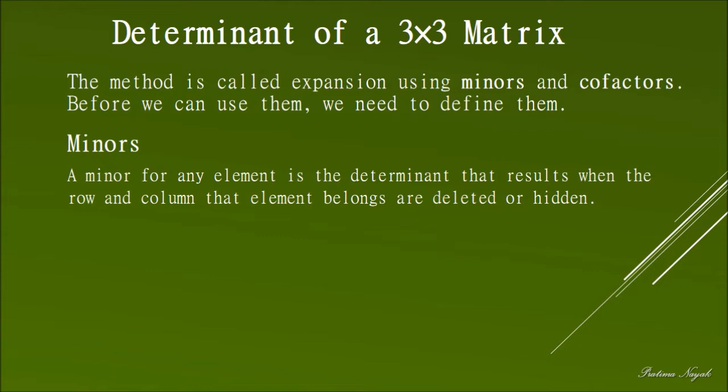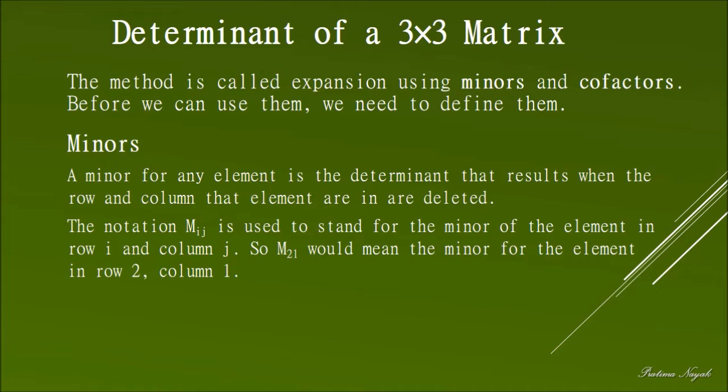A minor for any element is the determinant that results when the row and column that element belongs to are deleted. The notation Mij is used to stand for the minor of the element in row i and column j. So M21 would mean the minor of the element in row 2 and column 1, for example.